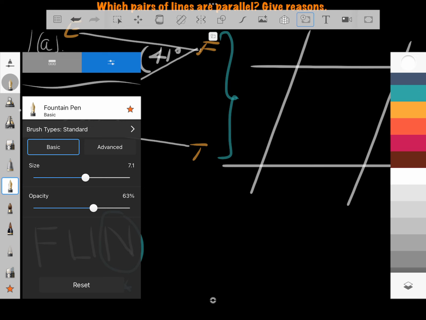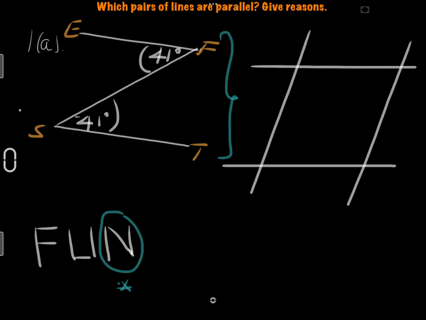So we have angles. We call these angles AB, angle CD, angle EF, angle GH, angle IJ, angle KL, angle MN, and angle OP.